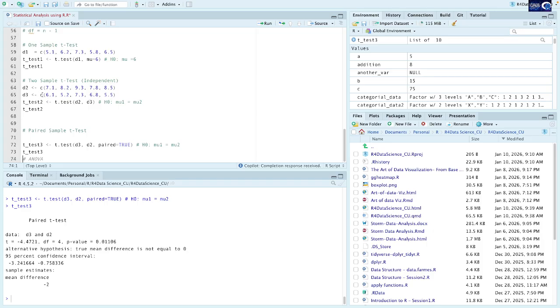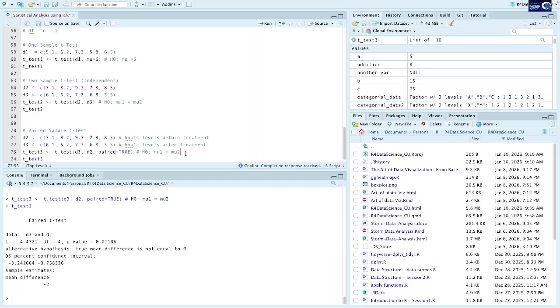Let's say we are using the same data, and let it be the HbA1c levels before. So these are two diabetic parameters, let's say HbA1c level before the treatment and after the treatment. Okay, let's keep it like this.